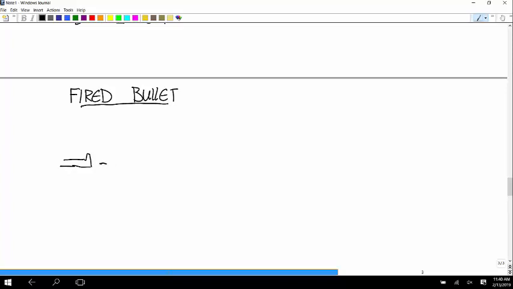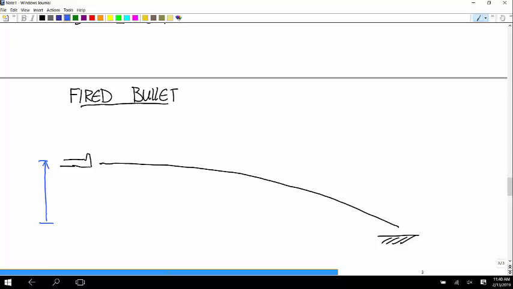But it's going to follow a parabolic path. And it's going to hit the ground over here. We know that this distance is 1 meter. We know that the initial velocity vector is horizontal.